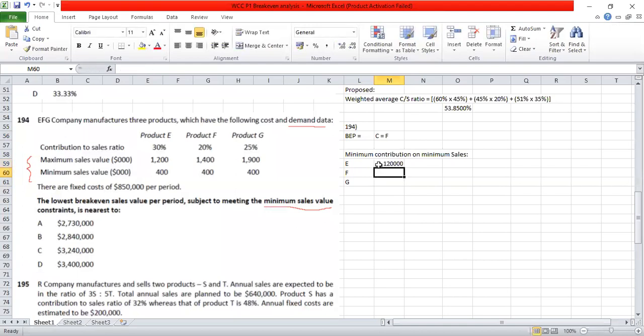Then we have the other one also 400,000 into 20%. Then for the other one, we have it as 25%.